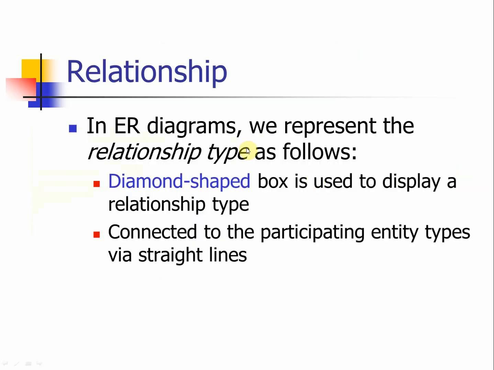In an ER diagram, we represent the relationship as the following. To describe a relationship in an ER diagram, we draw a diamond-shaped box that connects the participating entities. And therefore, when we use a diamond shape to connect two entities, that indicates the two things have a relationship.